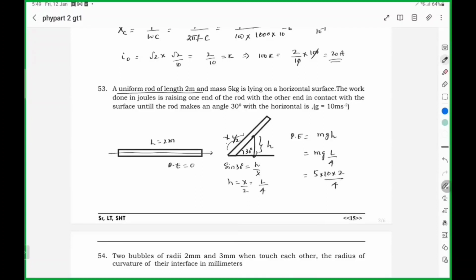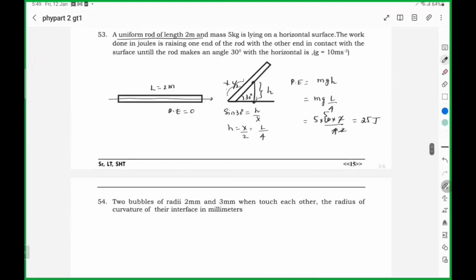Effective length is this, which is 25 meters. Sorry, 25 joules.